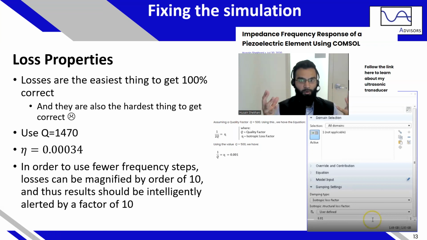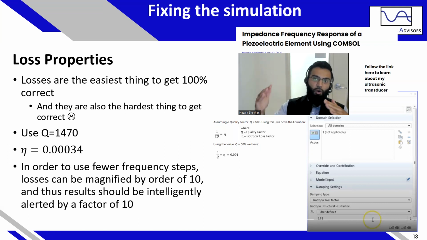But then you'd have to remember, when you do care about the amplitude, that you have to recalculate what the amplitude would be, and you can use a version of the 3 dB bandwidth. Instead of calculating the 3 dB bandwidth, you then extrapolate: if the Q is 10 times higher, how much higher would the displacement be based off a 3 dB bandwidth of the existing data?